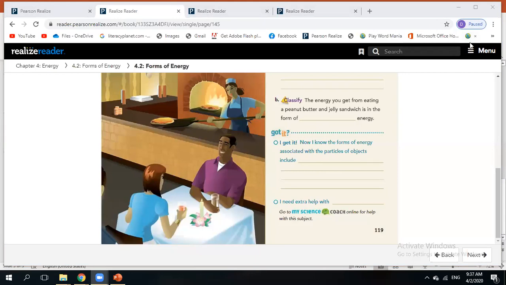Rimas. Nuclear energy, thermal energy. Excellent. Alia, can you continue? One remained. Electrical energy. Excellent, girls. These are the 5 forms of energy that are associated with the particles of an object.